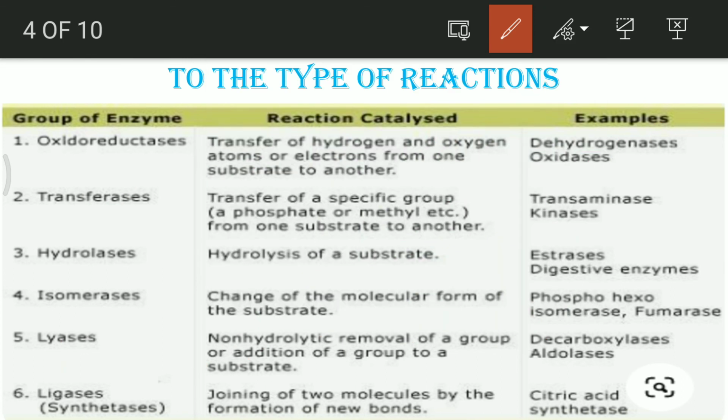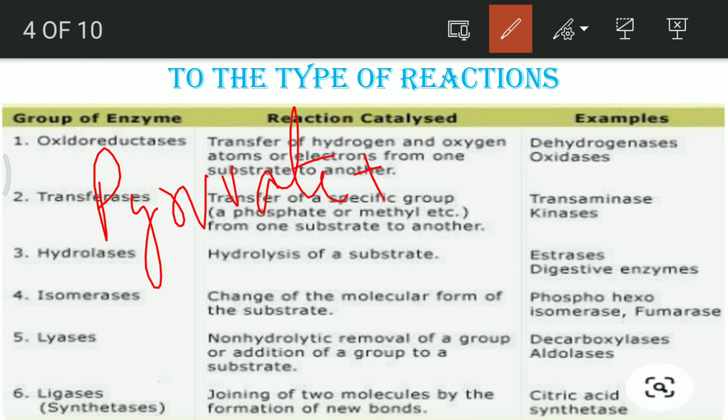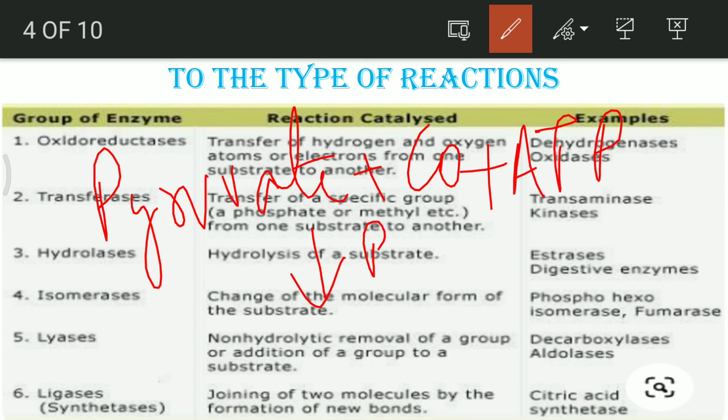And the last one is ligases. Ligases means addition or synthesis. This catalyzes the joining of two substrate molecules by getting energy from the hydrolysis of an ATP molecule. Example is of pyruvate, which gets added with carbon dioxide. Pyruvate plus carbon dioxide in presence of ATP, and the enzyme over here is pyruvate carboxylase.